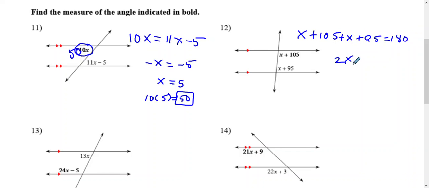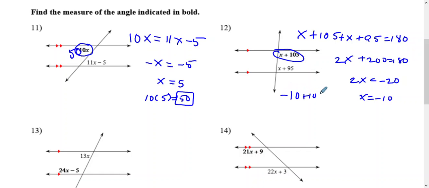When we solve it, we would end up with 2x plus 200 is 180, which would give us 2x is negative 20. We divide, we get x is negative 10. Remember, we don't want what x is, we want the value of x plus 105. So to substitute that in, we'd get negative 10 plus 105, and we would get our answer of 95. That tells us that angle there is 95.